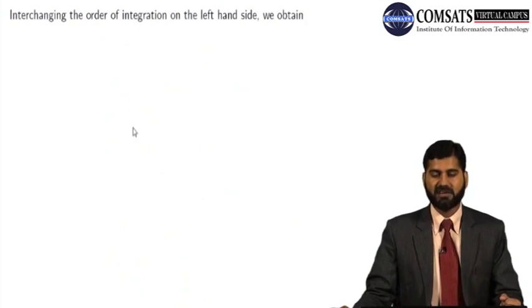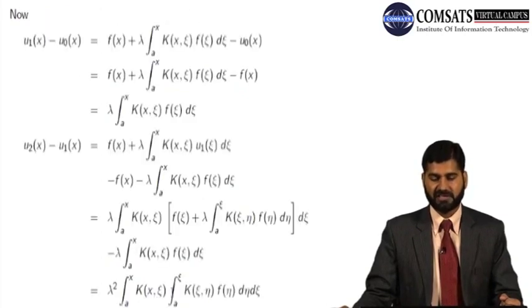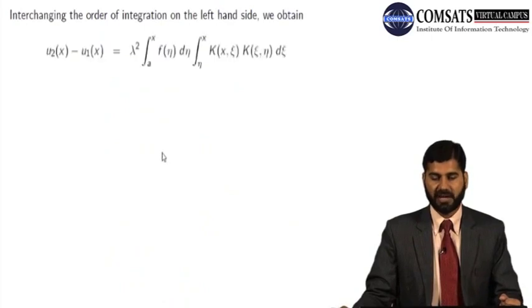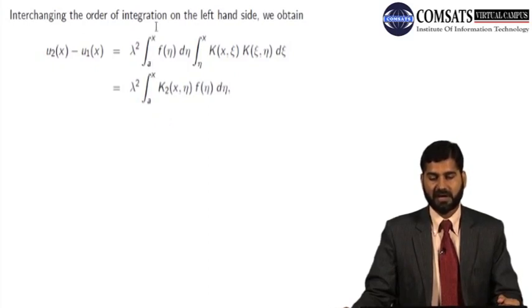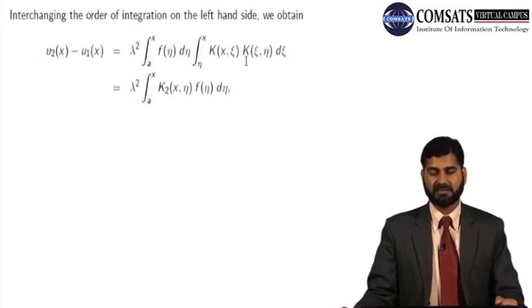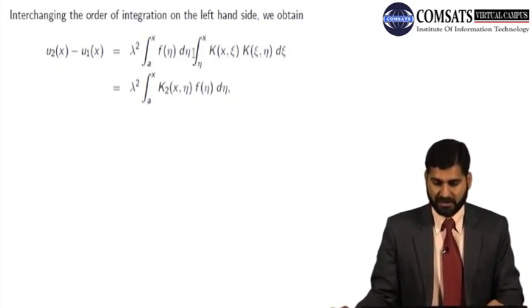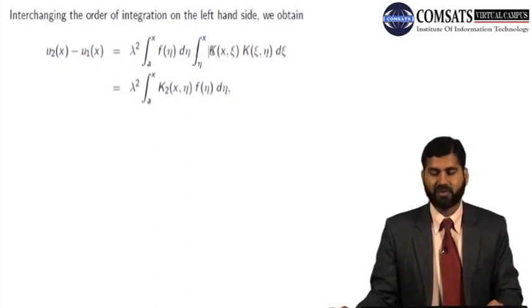Interchanging the order of integration, if you change the order of integration on the right hand side, we obtain this one. By simplifying, with limits a to x, eta to x, and these are the kernels. Here there is no f or y, so this is a function of x and xi.